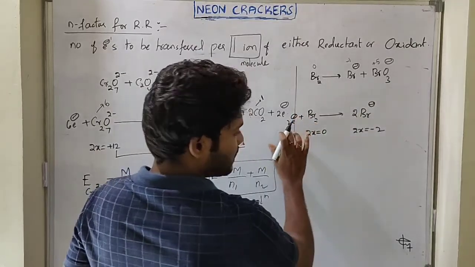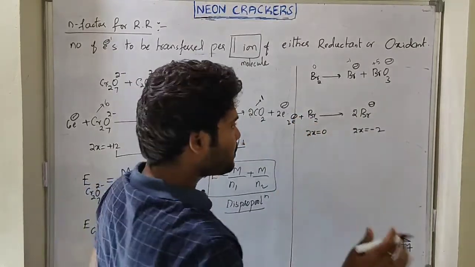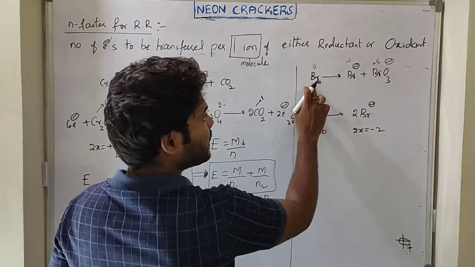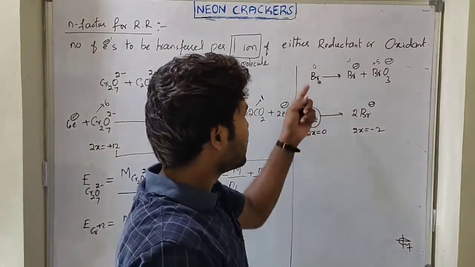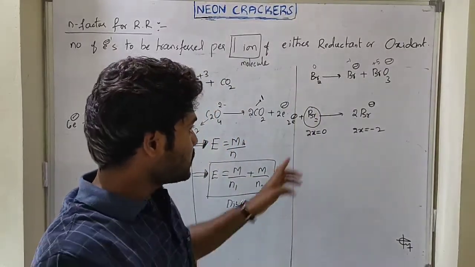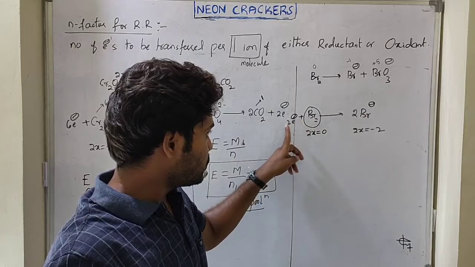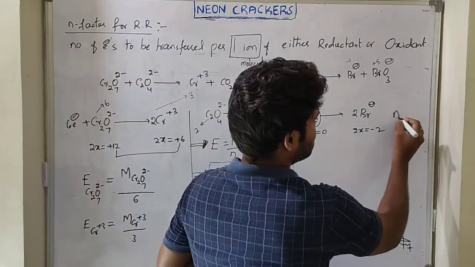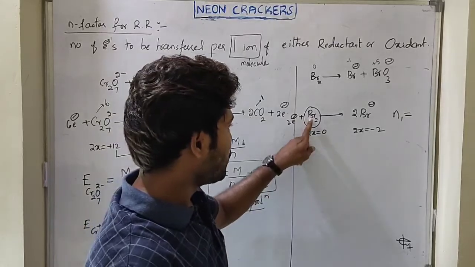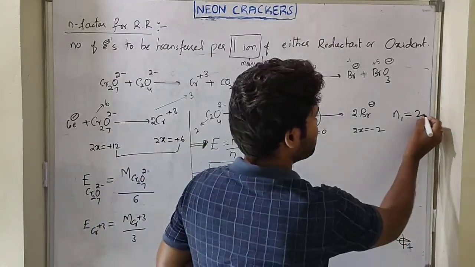Now what is the reaction here? Reduction reaction. In the reduction reaction, per one molecule, because we are going to find the equivalent weight of Br2, and it gets disproportionated. One molecule, 2 electrons, and consider n1 is the N factor for the reduction reaction. One molecule, 2 electrons. So what is the N factor?